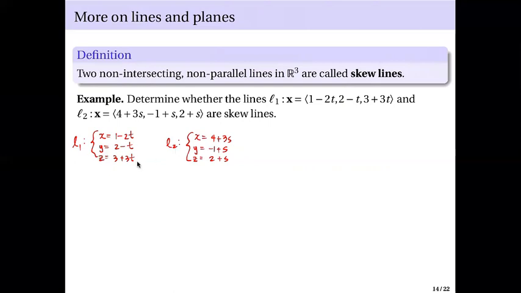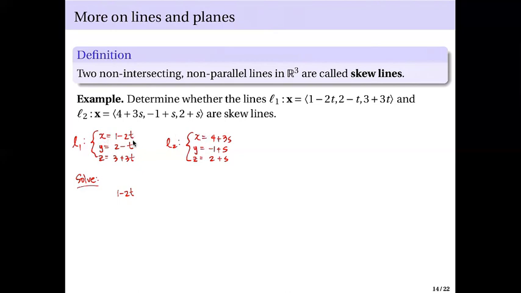So how do we solve this? We need to solve the following system. 1 minus 2t, this is the x for L1, and we equate it to the x for L2.